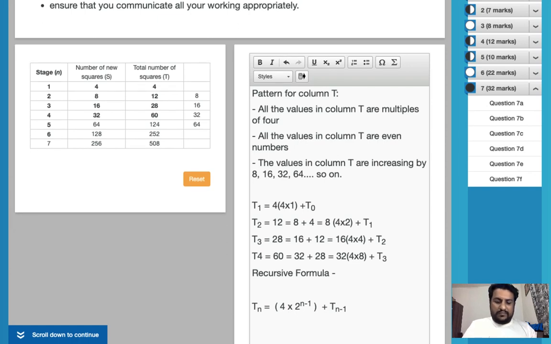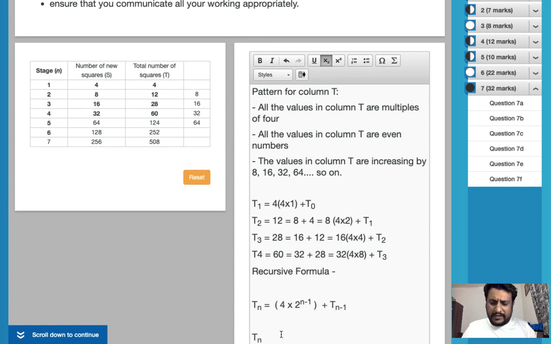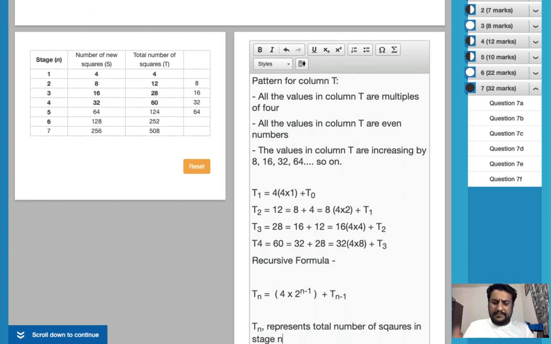Now if I want to explain this, I can explain. It's always better to explain where Tn is the total number of squares in stage n.